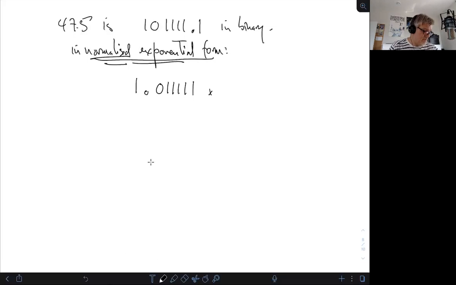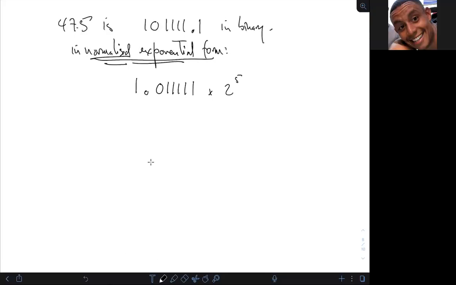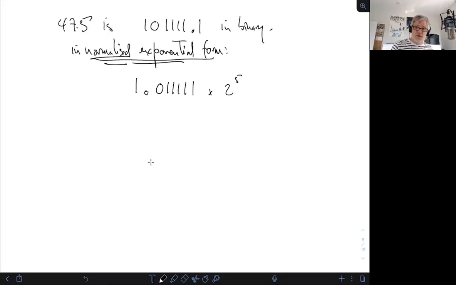Right? So times 2 power 5. Is everybody okay with that? Okay, so this is the same number, but now it's written in normalized exponential form. So there's only one non-zero bit to the left of the point. So this is really where everything is going to come from to write it in memory.